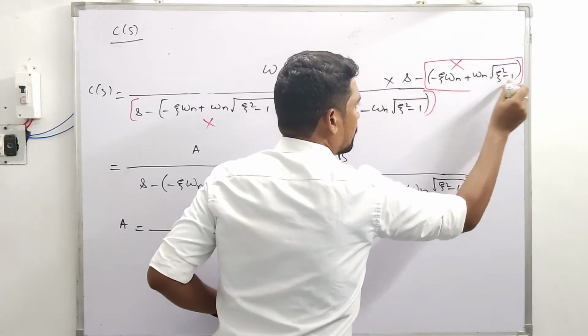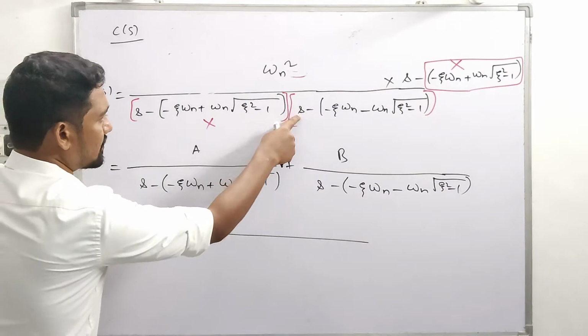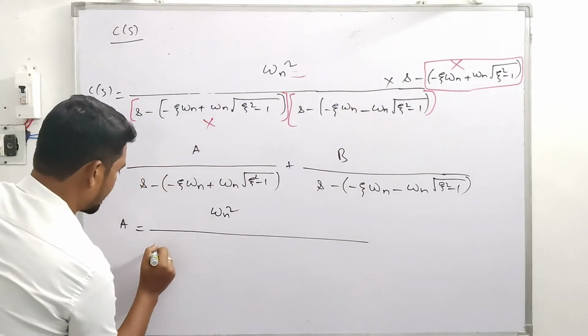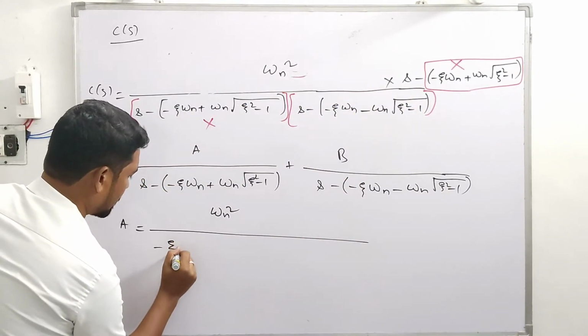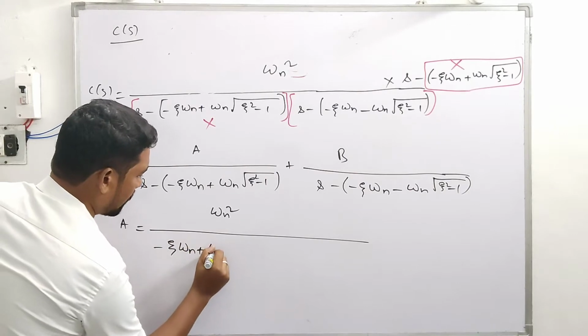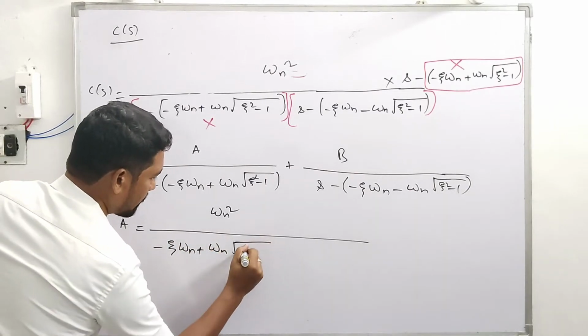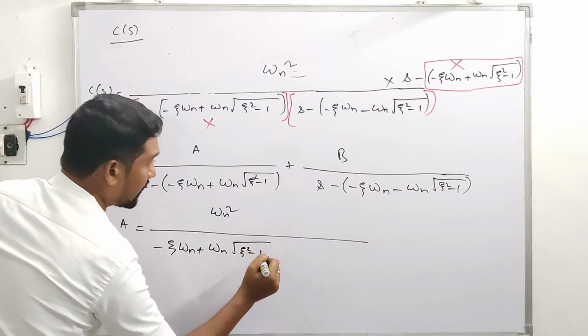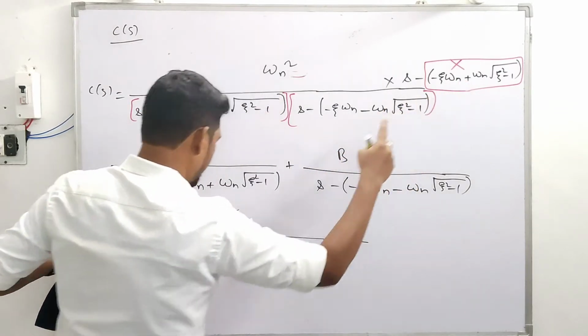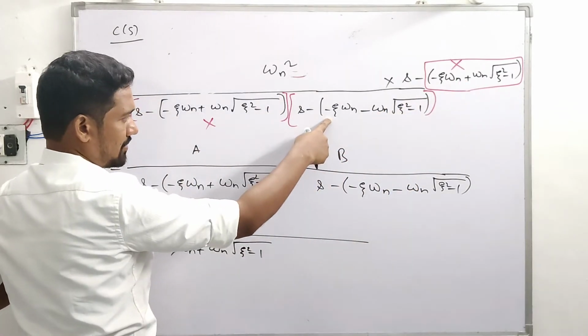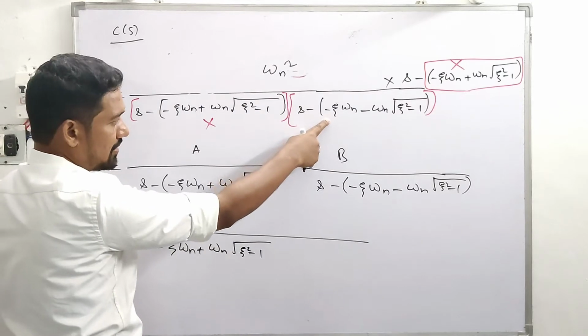All right, so what is that? In the place of s, that comes, so that is negative zeta omega n plus omega n into under root zeta square minus 1 from this one, all right, and this will exist as it is.